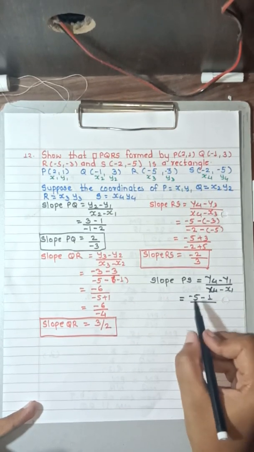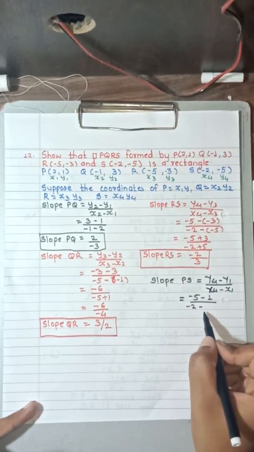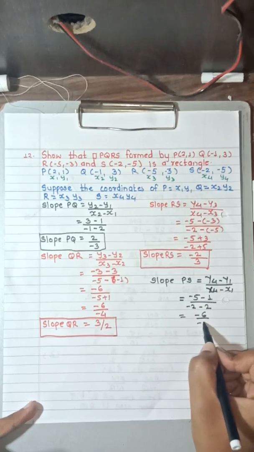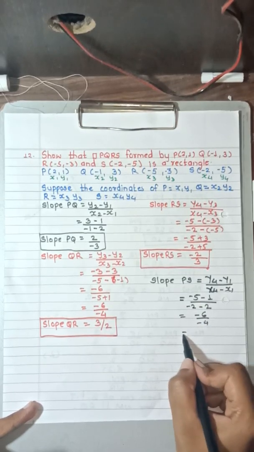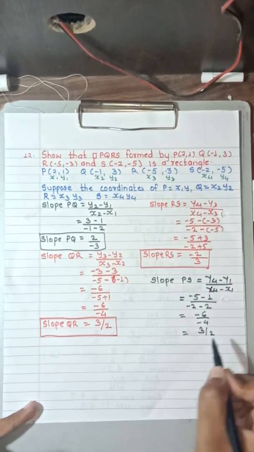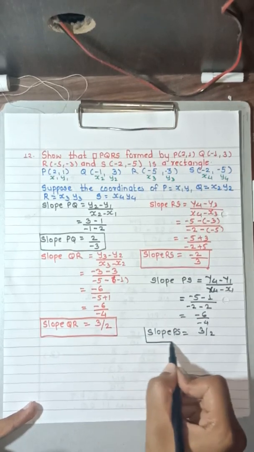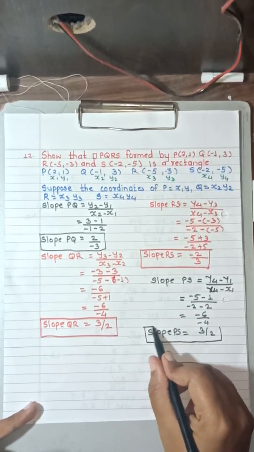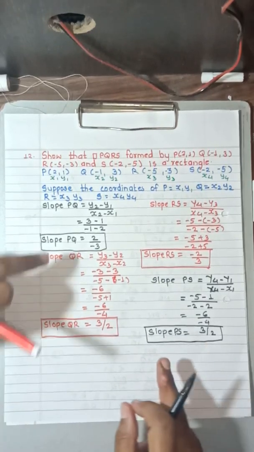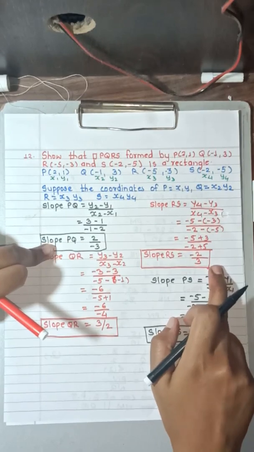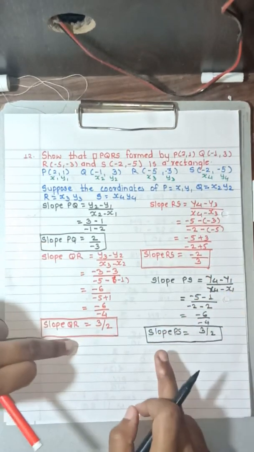Okay, x4 is minus 2 minus x1 is 2. This will be minus 6 upon minus 4. This will be again equal to 3 upon 2. So slope PS is minus 3 upon 2. Now if you see here, PQ and RS, they are equal, and QR and PS are equal.